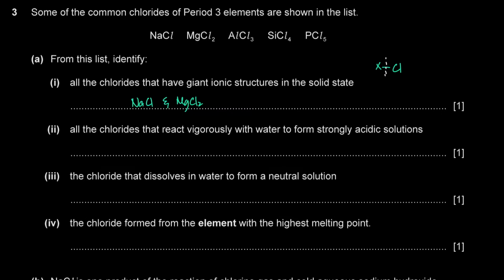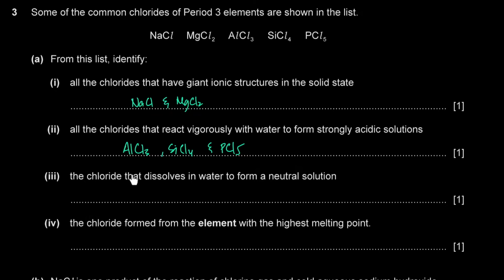When these bonds are hydrolyzed, it results in the formation of an acidic solution. So all three of them: AlCl3, SiCl4, and PCl5.